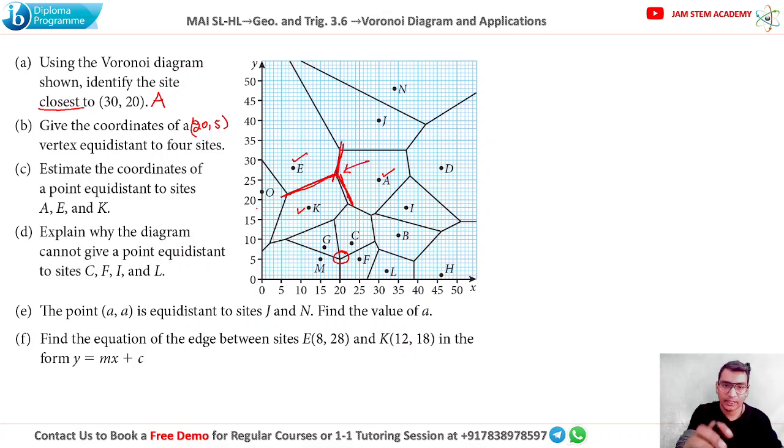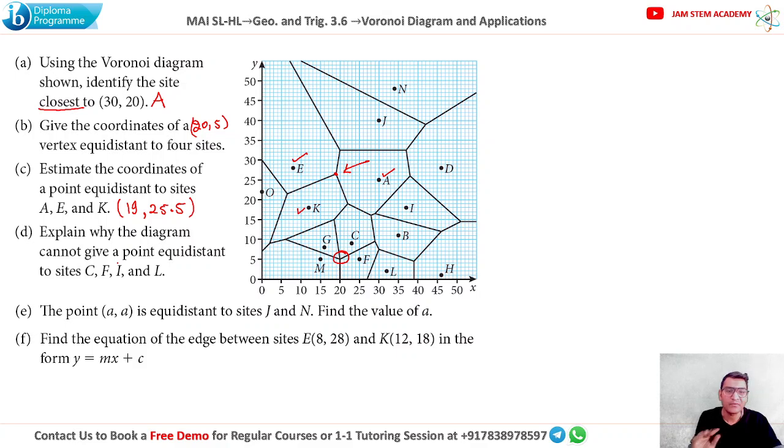So in the graph you can easily calculate the estimation for this vertex point, and in this case we are getting x close to 19, right? And y value is around 25.5. So let me write the coordinates for that point, which in this case is (19, 25.5) by looking at this graph.